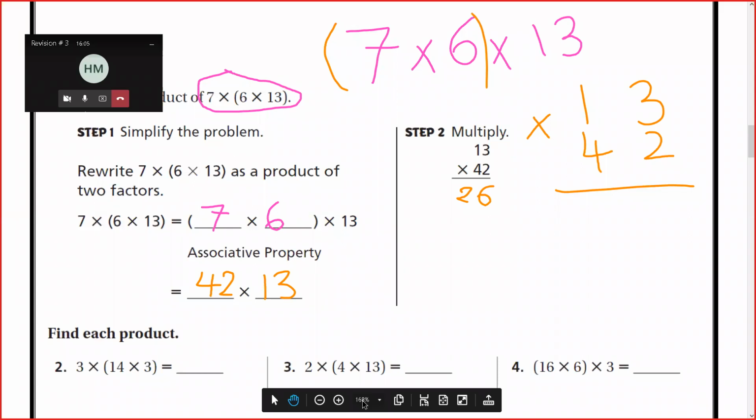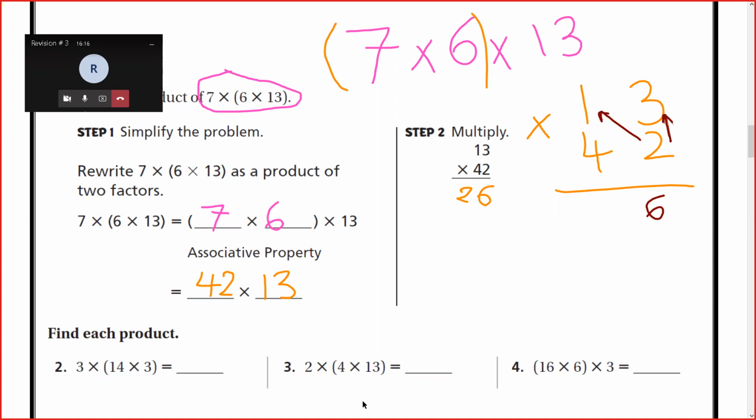First I multiply 2 with 3. 2 times 3, 6. And then 2 times 1, 2. Then I go to the tens. Since I start to multiply the tens, I put now 0.